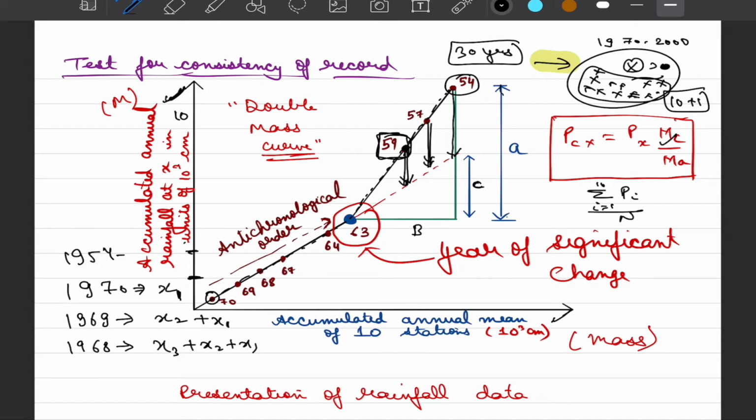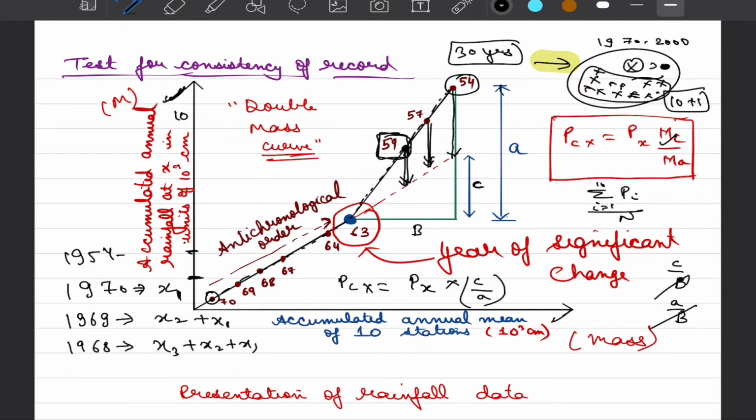If MC represents the slope of the previous case, it would be simply C by B. If MA represents the slope of the departed line, it would be simply A by B, and hence when we divide, the correction PCX comes out to be the older value PX, which has to be checked for consistency, multiplied by C over A, because these B and B would cancel out as soon as we put them in the denominator.